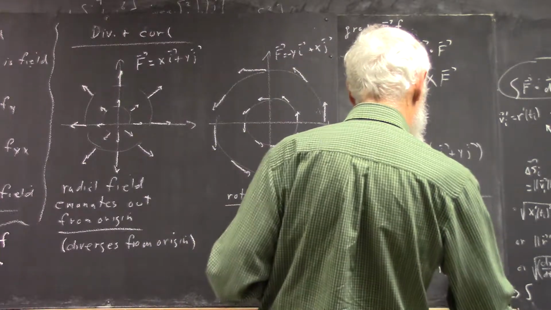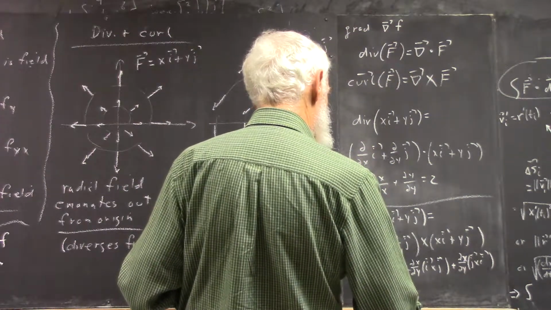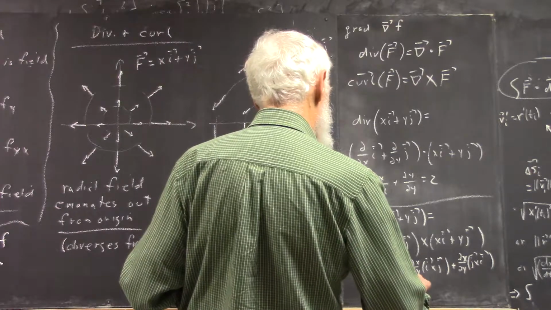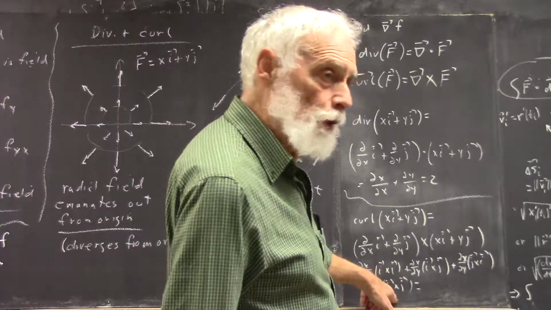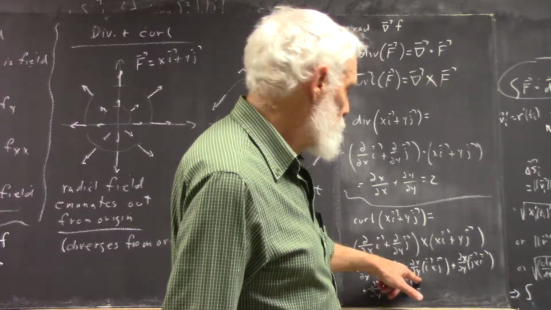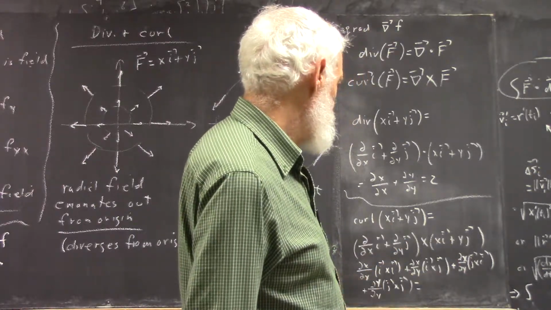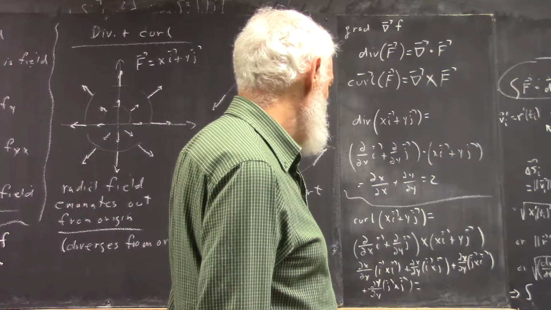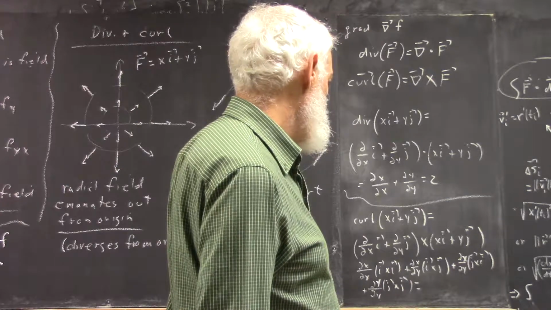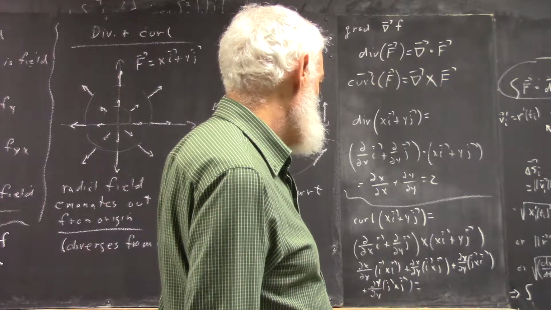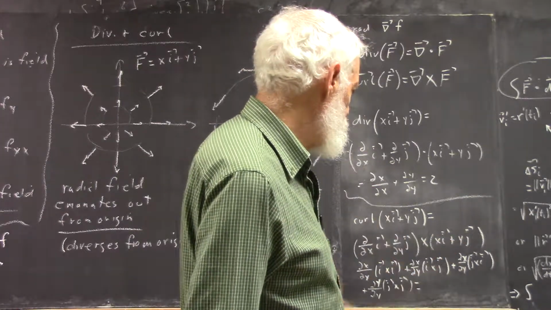That is partial of x with respect to y. I think I wrote it down wrong. Partial of y with respect to y times j cross j. Okay? Well, i cross i and j cross j are both 0. Partial of x with respect to y is 0, and looks like I wrote it down wrong. So I distributed this way, and then I distributed this way, and I got confused about how I distributed.